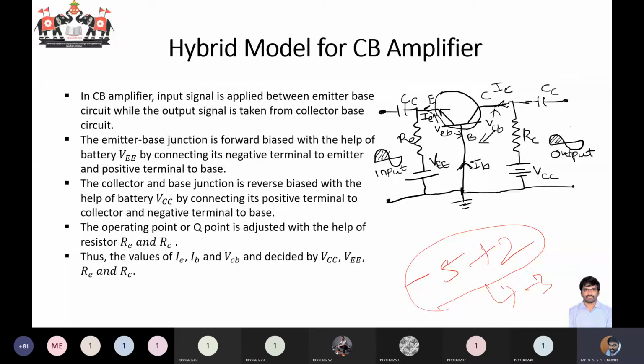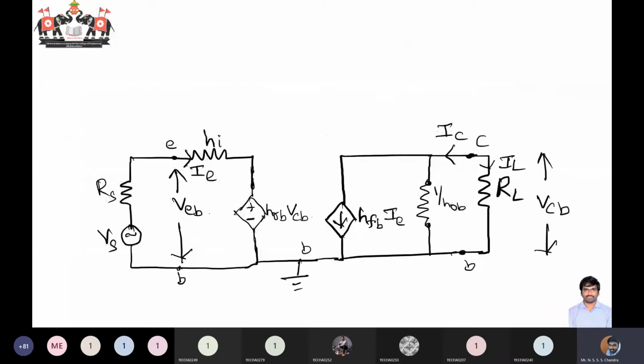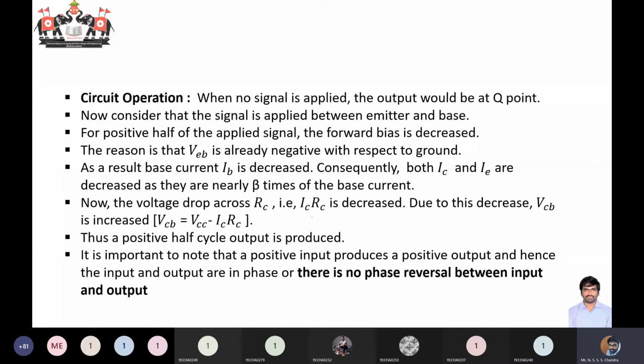So VEB is already negative with respect to ground, and if you are adding that positive signal, your effective forward bias voltage will be decreased. If the forward bias voltage is decreased, your base current is also decreased.